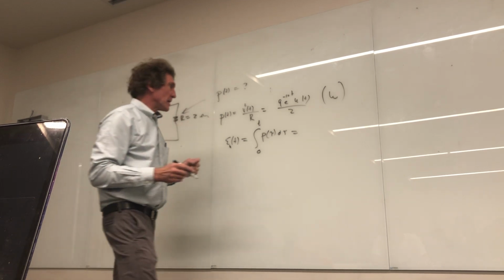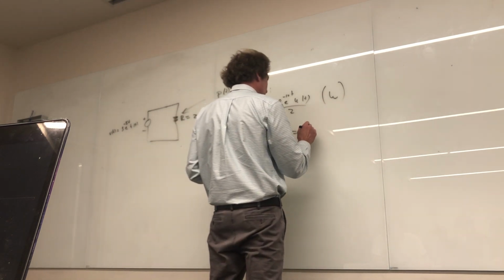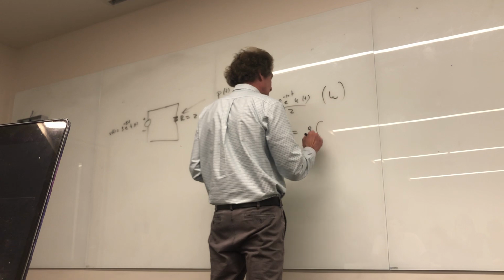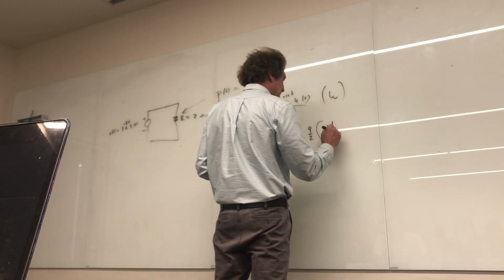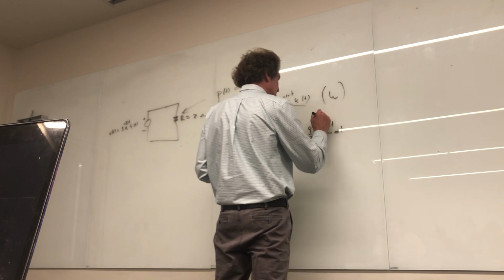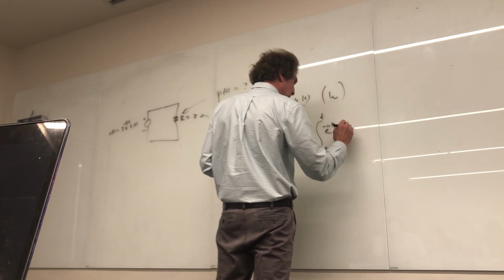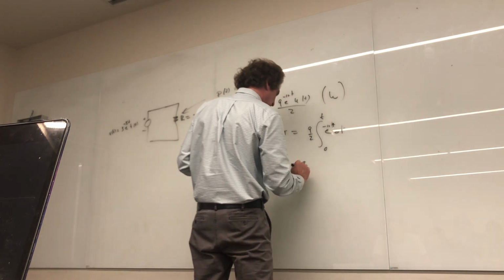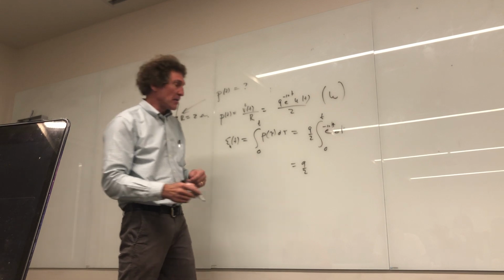All right, what's this going to be? Well, I can take the 9/2 out in front, and now I have the integral of e to the minus 10t, and it's really dt from 0 to t. And instead of t here, I should use tau, my bad. And that would be equal to what? 9/2. e to the minus 10 tau d tau is what?